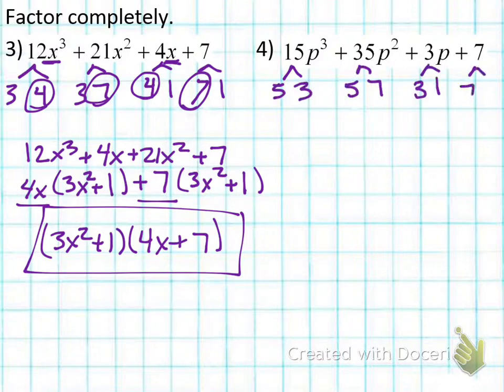I chose to factor this way because I noticed that I have some terms with 5 as a factor, and then I have the 3 and the 7. So I want to use those numbers so I can find common factors. Here I have 5 in a couple of terms, I've got 3 in a couple, and 7.